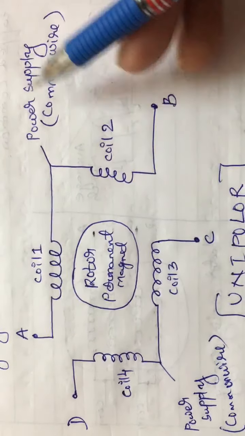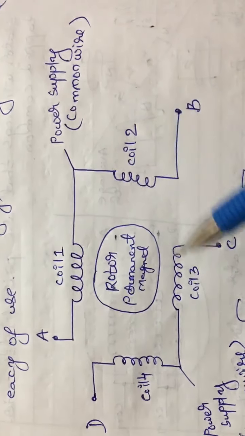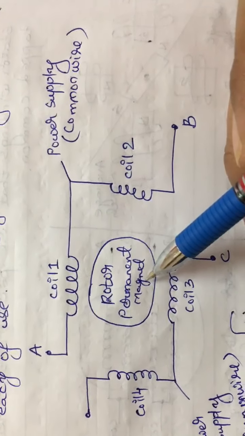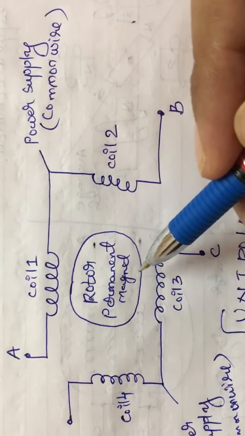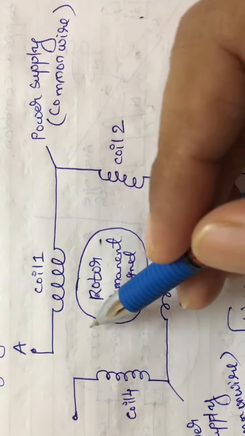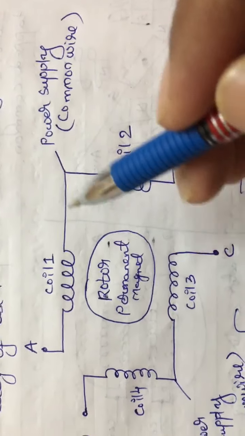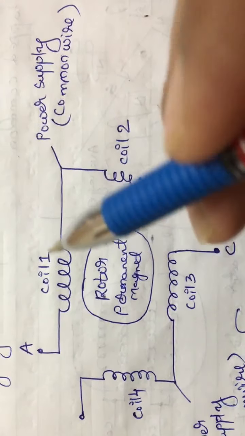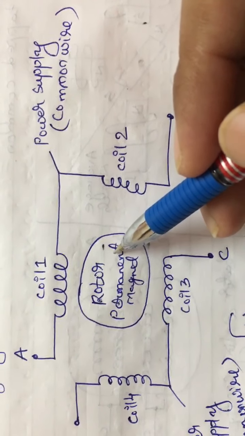Whenever I give the power supply to these wires, these coils will generate the electromagnetic field in such a way that the rotor, which is nothing but the magnet, rotates with respect to the electromagnetic field generated inside, right? The pulses given to the power supply will be converted into mechanical movement of this rotor, right?